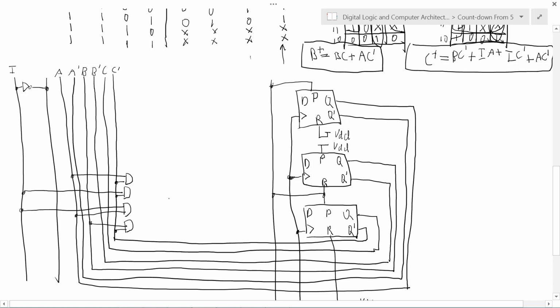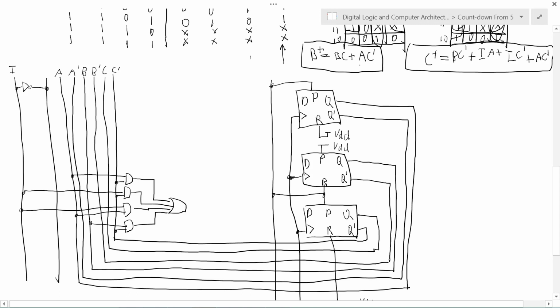So we can OR these four signals together. And we are there.